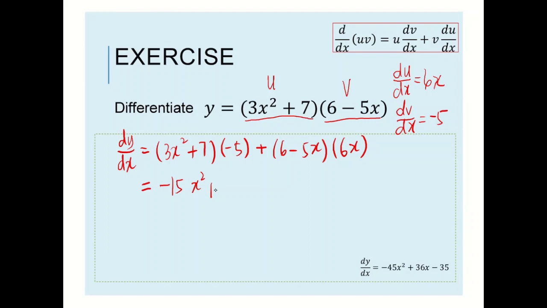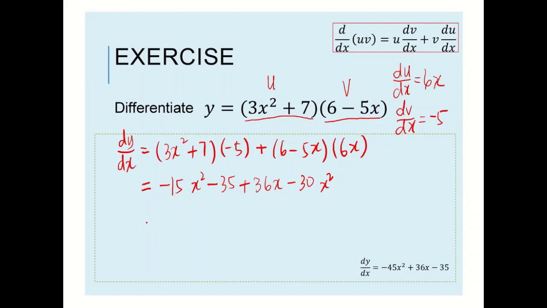So for the multiplication of two functions, when we differentiate, we use this formula. Now let's move on to the quotient rule. We use the quotient rule for the differentiation of the division of two functions.